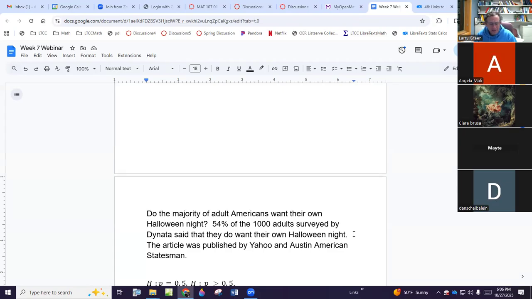But what you can do is say, I'm pretty sure that the majority want their own Halloween night. Not 100% sure, but I'm sure enough to stake my reputation on it. Does that make sense?